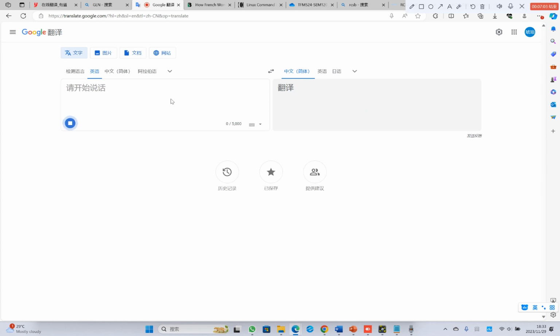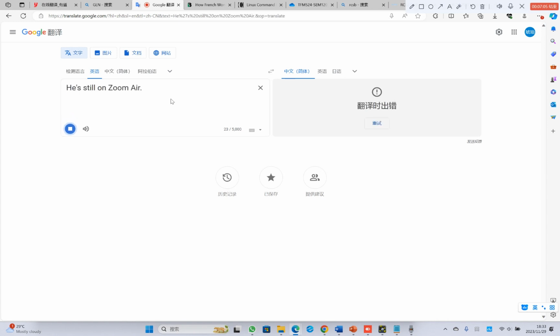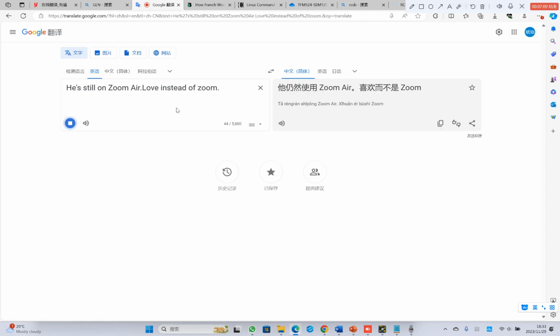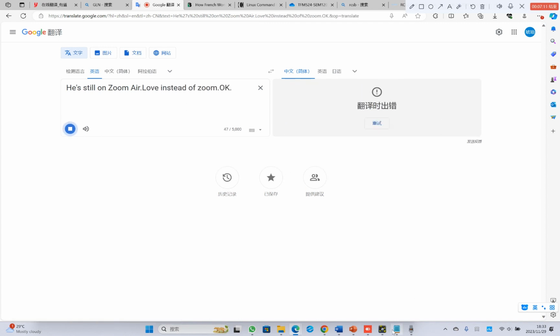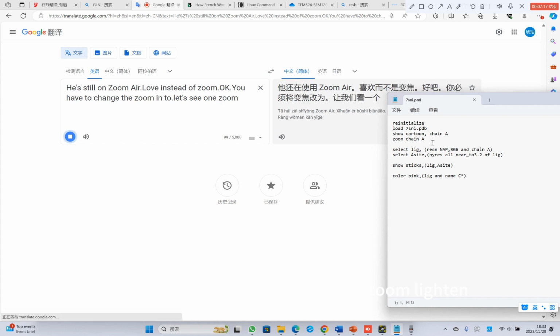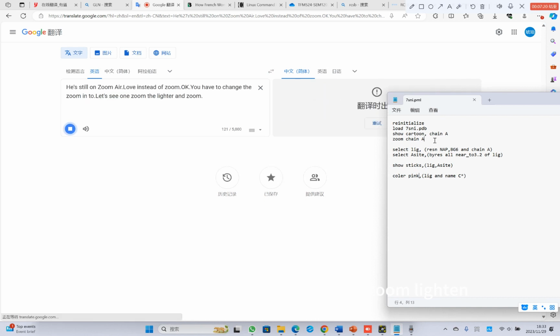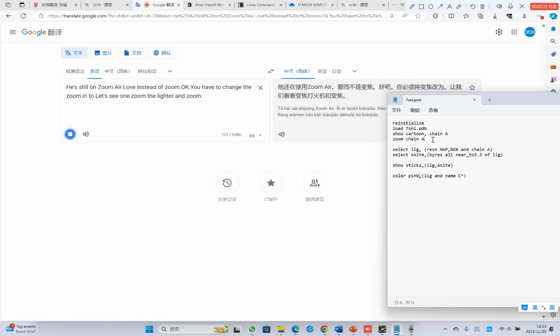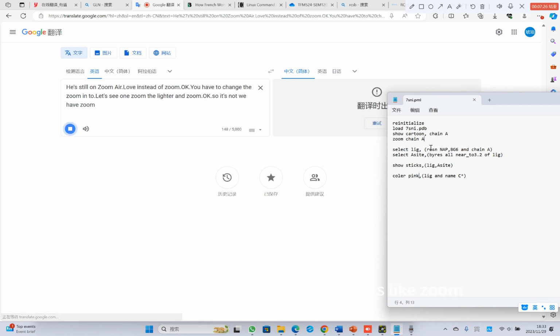Now instead of zoom A, you have to change the zoom A to, let's say you want to zoom the ligand, you zoom ligand. Okay. Just now we had zoom chain A, right?